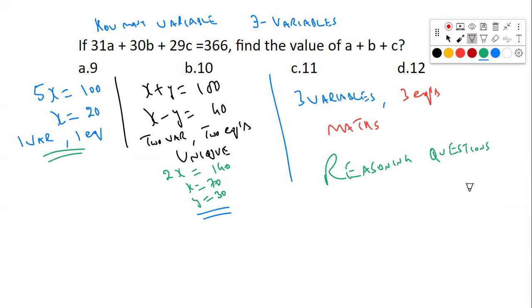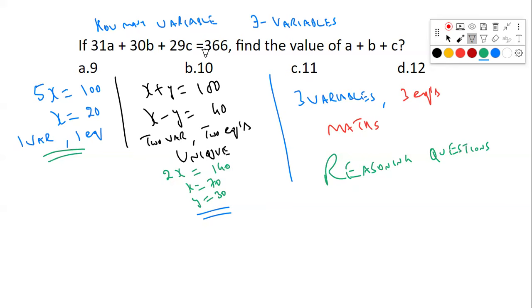Math says one variable, one equation; two variables, two equations; three variables, three equations. That is maths. But here there is one equation, three variables, and multiple choices. So you have to decide which one is the best among the given choices. There is no 'none of these', so what you have to do is pick the best one.